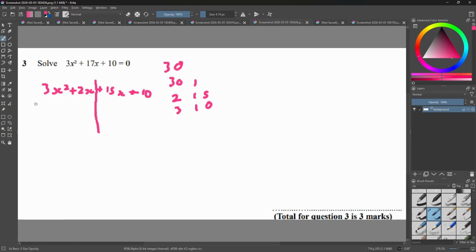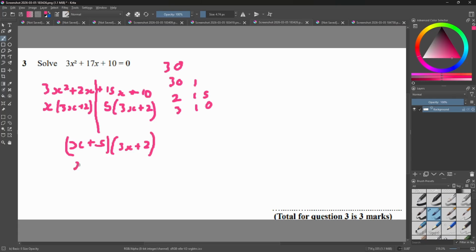So, here, again, we've just got x, 3x plus 2, and here we have 5 as a common factor, 3x plus 2. So we get x plus 5, 3x plus 2.